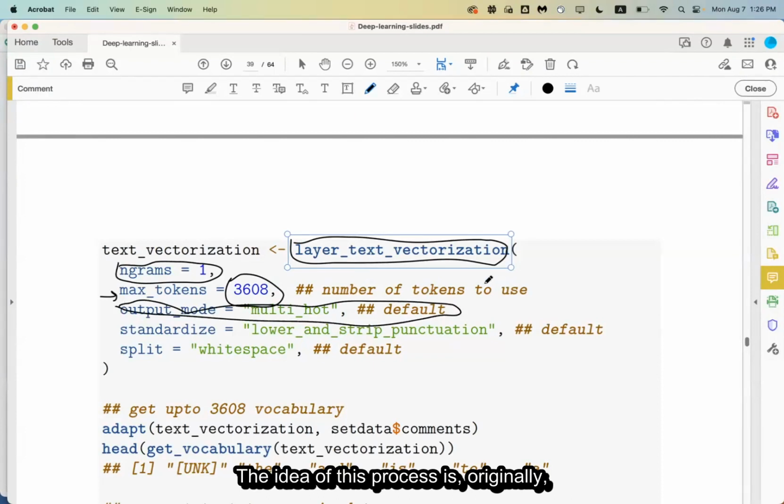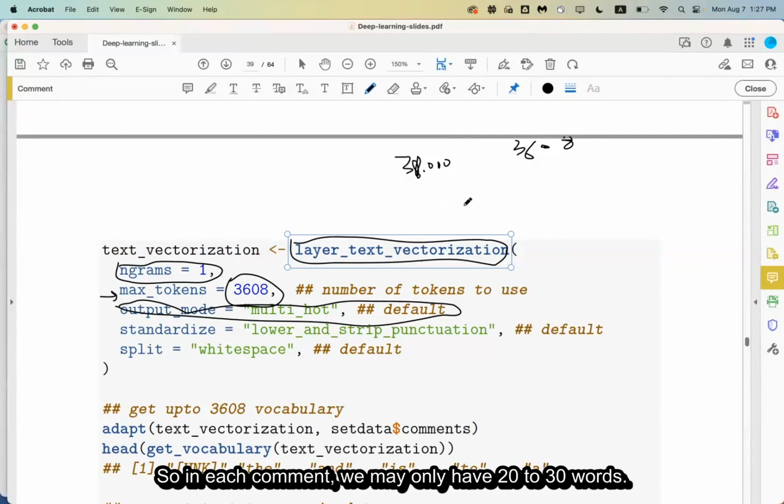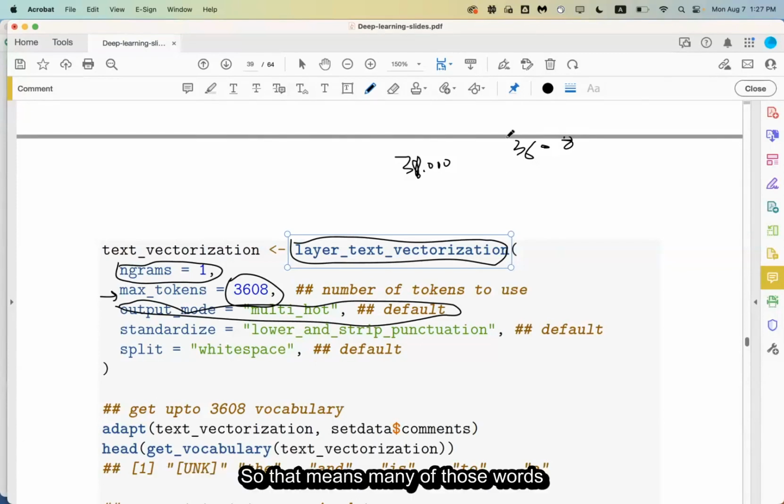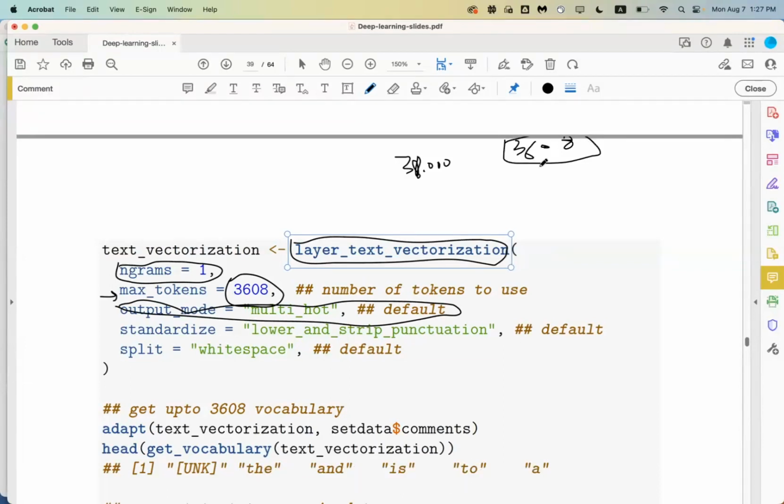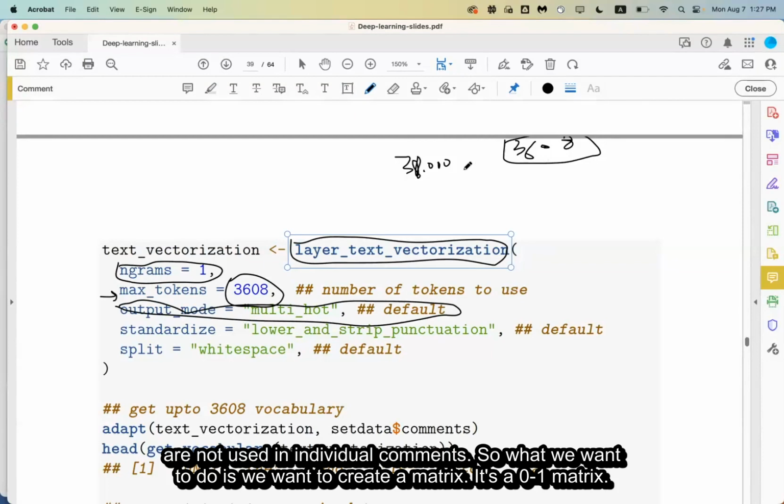The idea of this process is that originally I have 38,000 comments, and now I have 3,608 words. Remember, our text comments are often very short. In each comment, we may only have 20 to 30 words. That means many of the words in this total vocabulary are not used in individual comments.